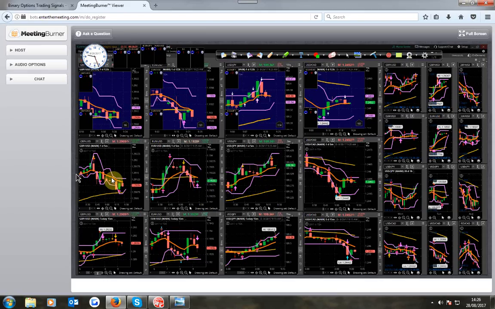The markets are alive. MT mentions it quite often in the room that they are alive, and even when they appear to be going nowhere, they're actually moving. Even if it's only a couple of pips up, a couple of pips down, it's the way the markets are.